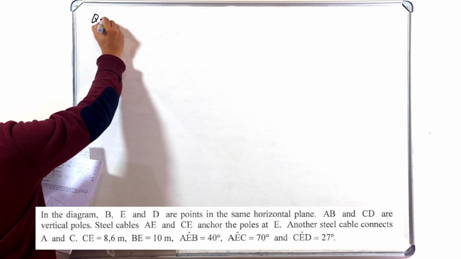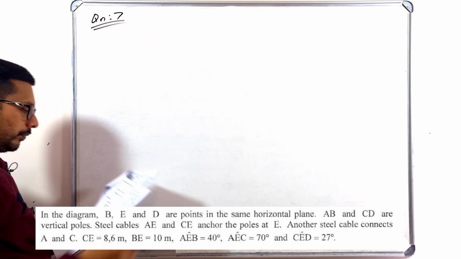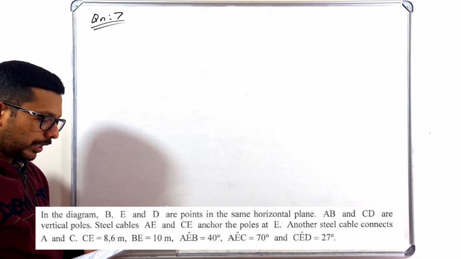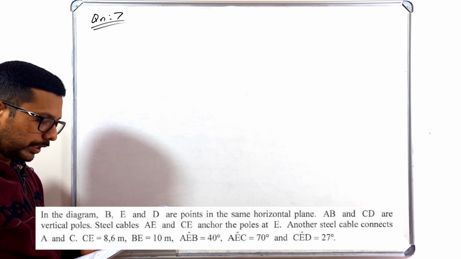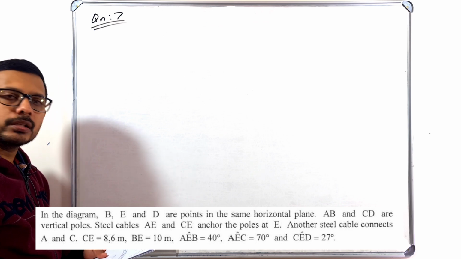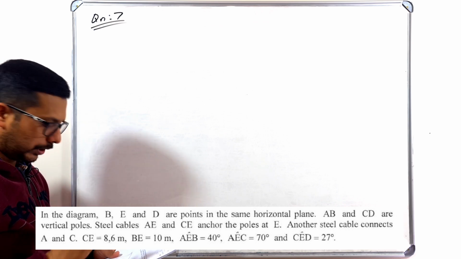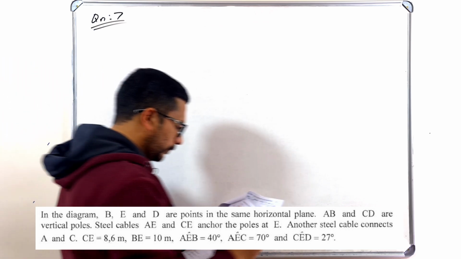Question number 7, what is that one? In the diagram, B, E and D are points in the same horizontal plane. A, B and C, D are vertical poles. Okay, so first let me draw that diagram, then I will explain from there.